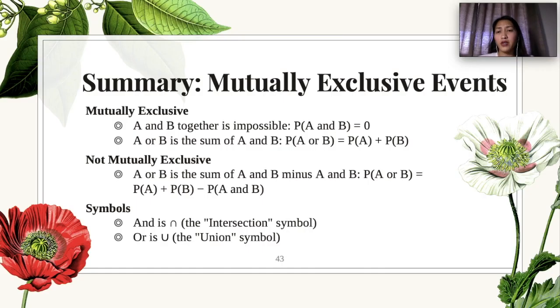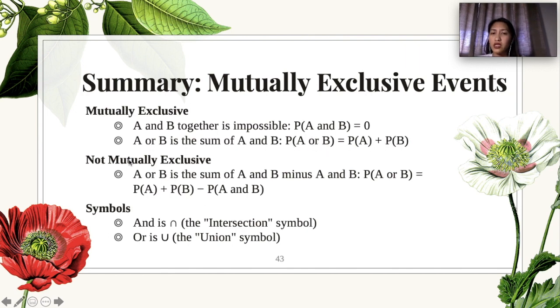So for a summary, for mutually exclusive, A and B together is impossible. So the probability of getting A and B for mutually exclusive events is 0. While the probability of getting A or B is the sum of the probability of A and the probability of B. So yung P of A and B, kapag mutually exclusive yan, 0. Kapag naman mutually exclusive yung event, tapos or yung nakalagay, ipag-add mo yung dalawang probabilities.